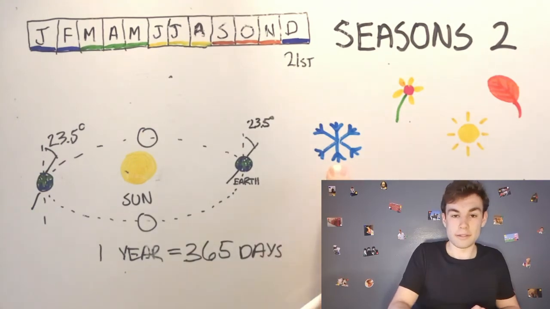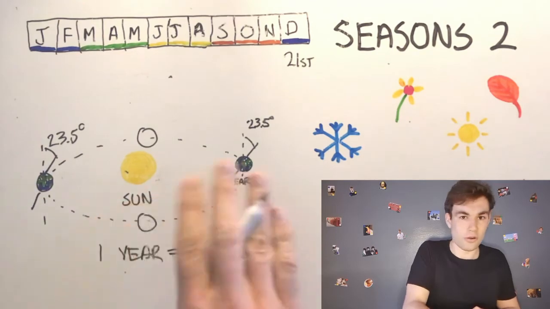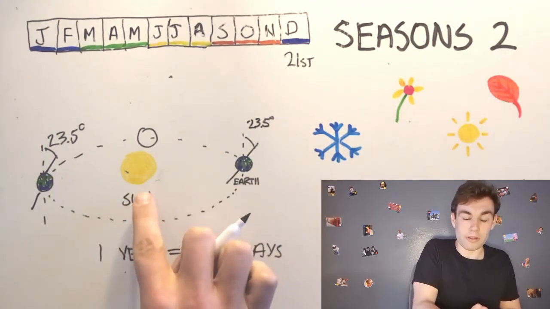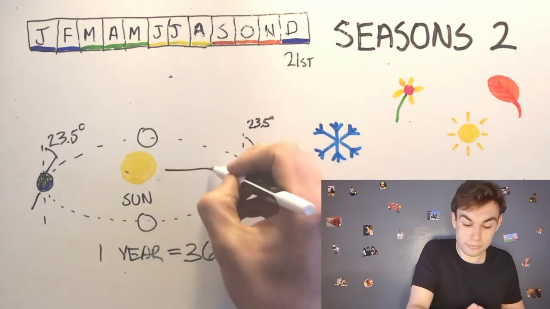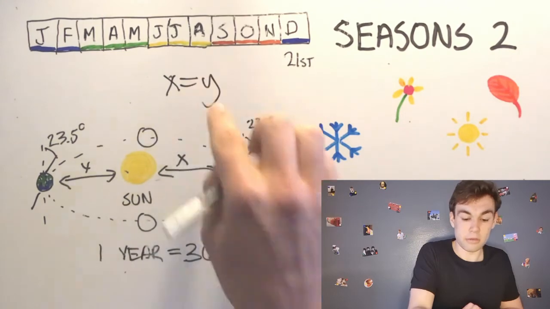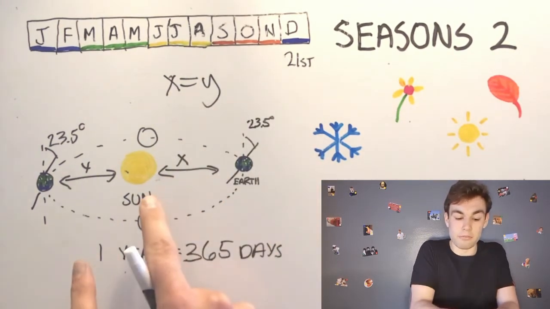During the winter and the summer, the earth is not closer or further from the sun. No, the earth is the same distance from the sun.